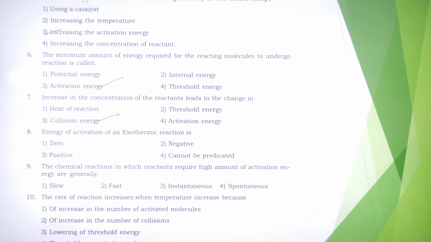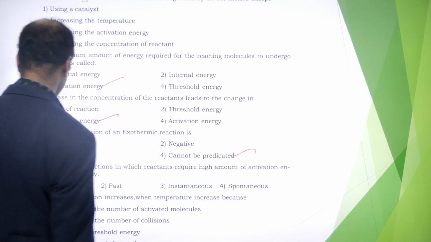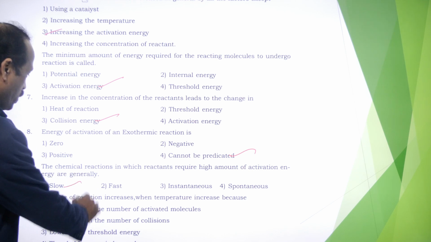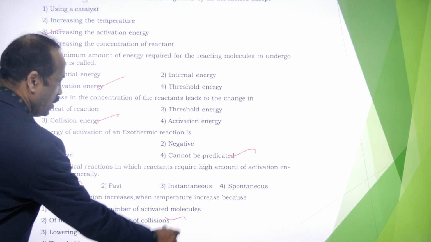Energy of activation of an exothermic reaction depends, we cannot predict it. Reactions in which the reactants require a high amount of activation energy are generally slow. The rate of reaction increases when the temperature increases, because of the increase in the number of collisions.